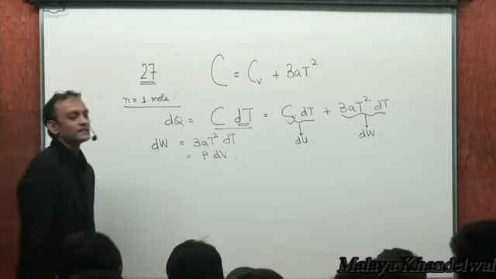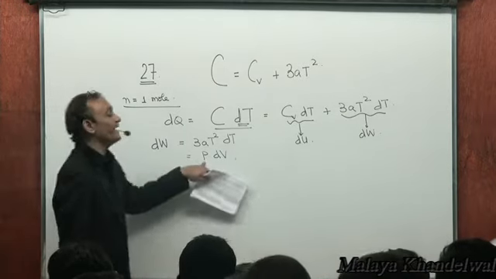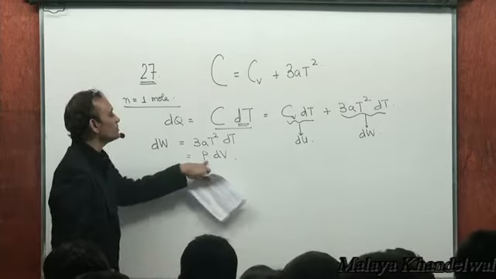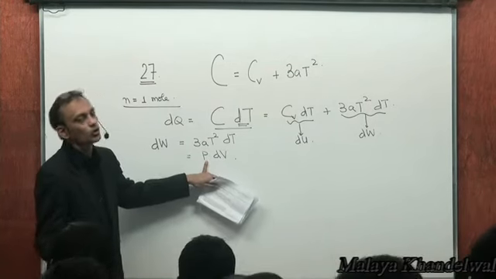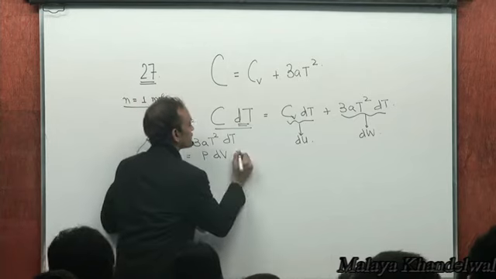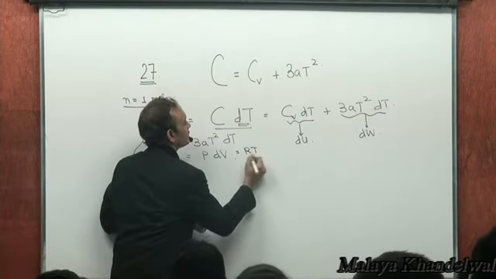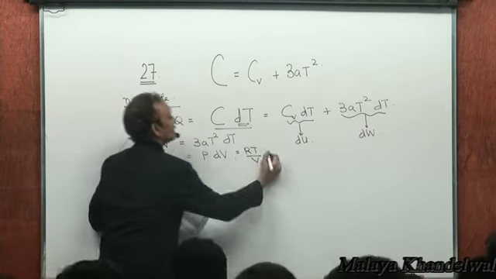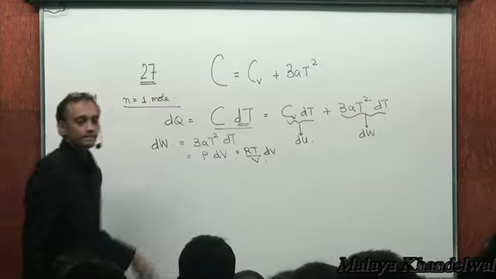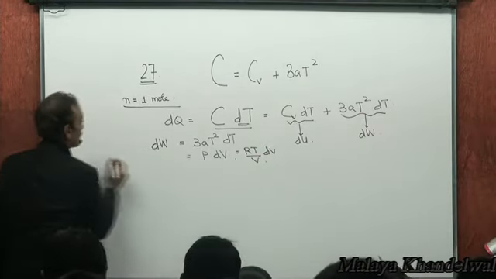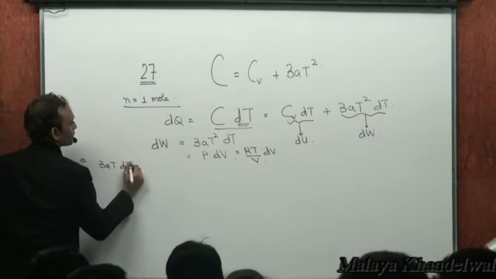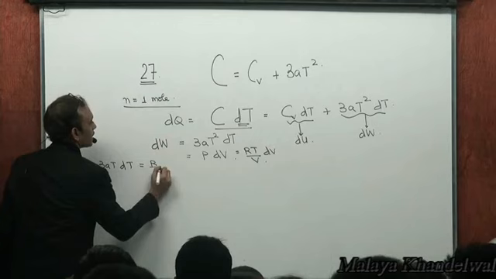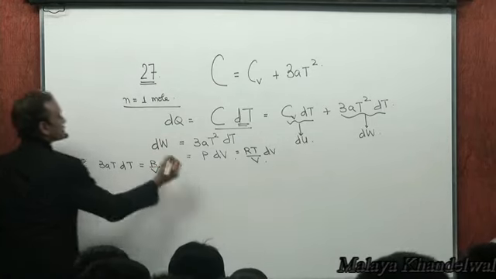Now we want to connect T and V, therefore we want to eliminate P. So P I could write as nRT by V. I have taken 1 mole, so RT by V. So this is RT by V dV. So I can say 3a T dT is RT by V dV.